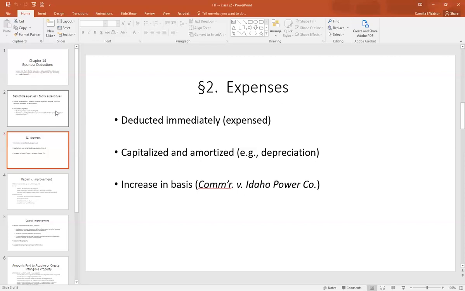Lutz, L-U-T-Z, versus Commissioner at 282 F.2d 614, a Fifth Circuit decision from 1960, involved a dealer in agricultural produce who made deductible payoff of debts of his corporation's business in order to maintain his own credit rating and retain his license to deal in agricultural commodities, which he might have lost without the action taken.